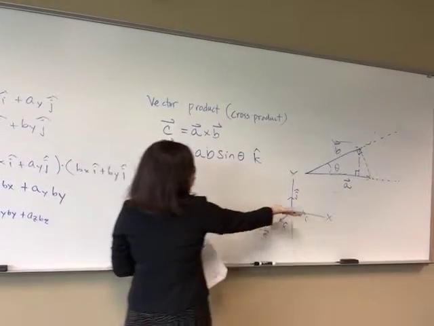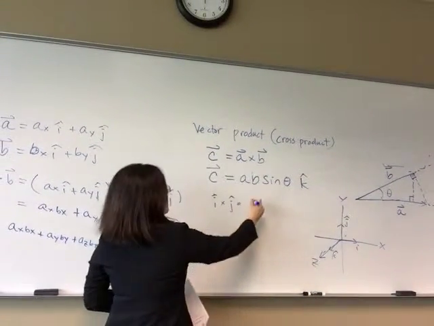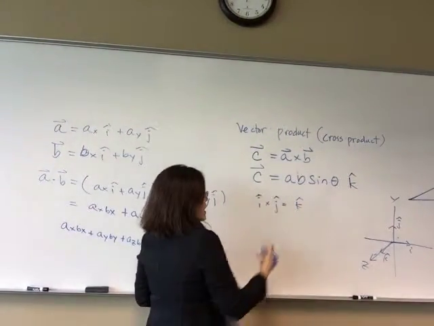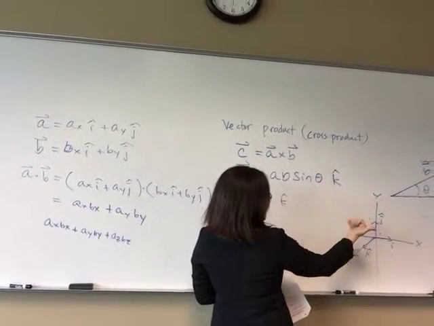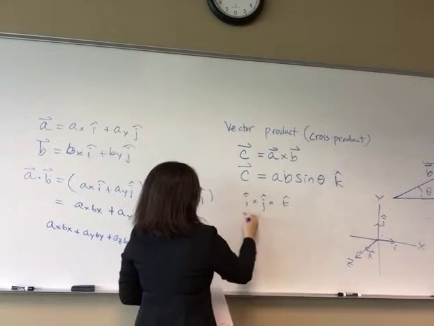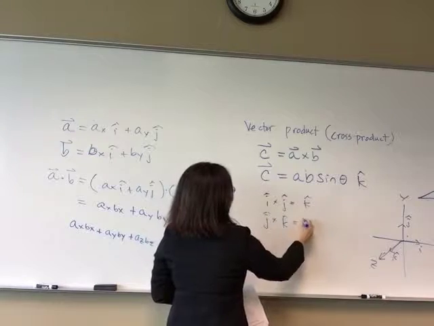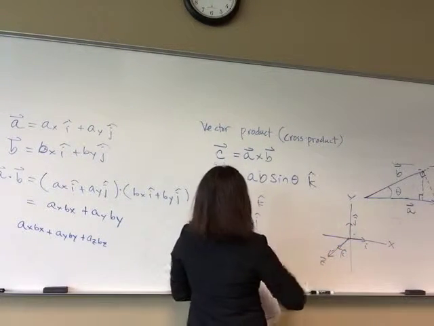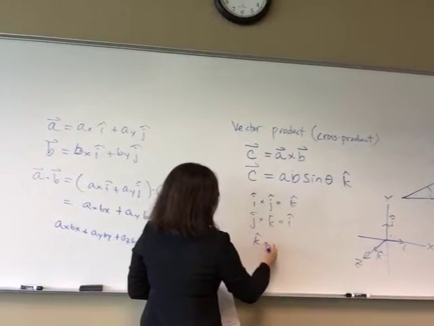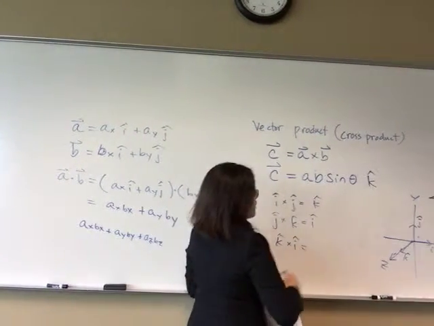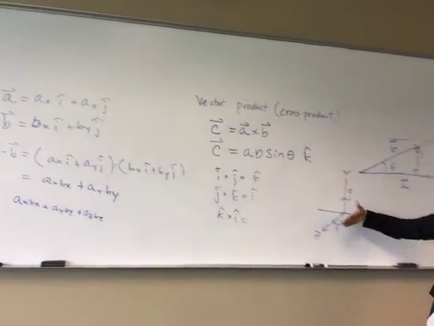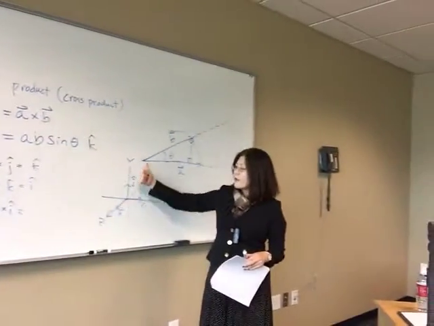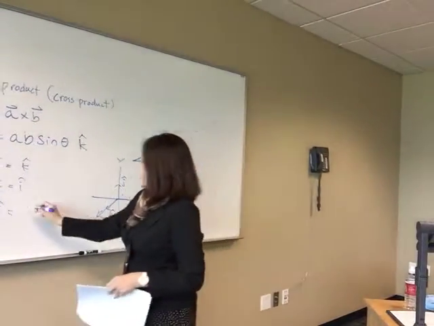So i cross j is positive k hat, and then j cross k gives you i hat, and k cross i gives you j hat, okay?